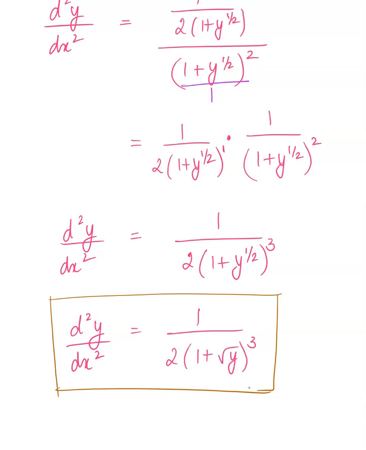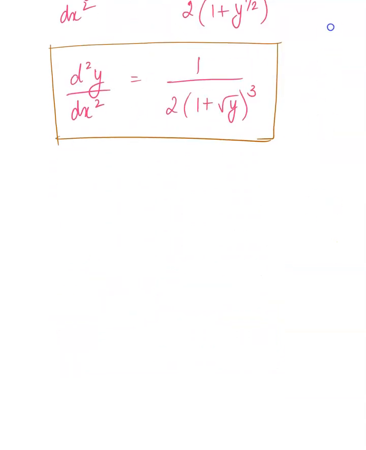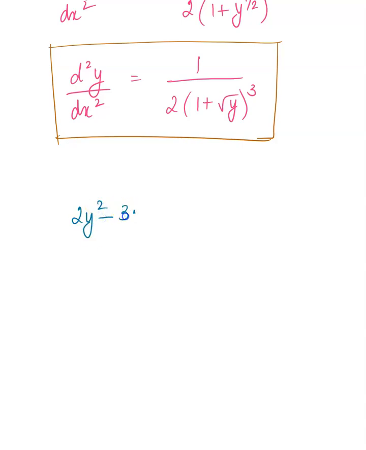And another problem type you might see is to do the implicit differentiation and then find the equation of the tangent line, okay, for a particular point. So say, for instance, you're given 2y squared minus 3y plus 11 equals 2x squared plus x.